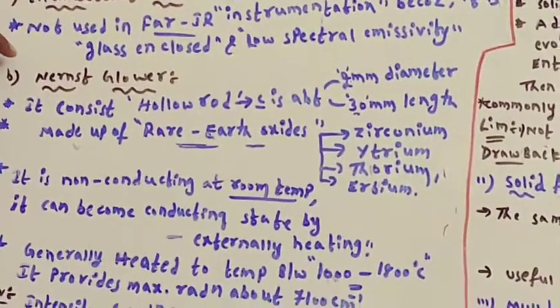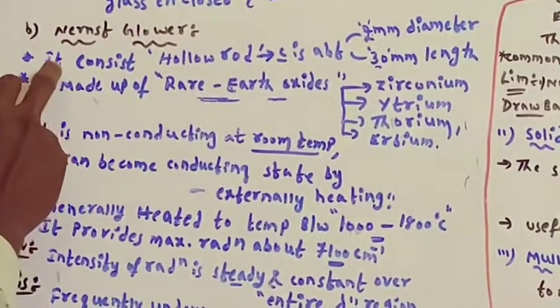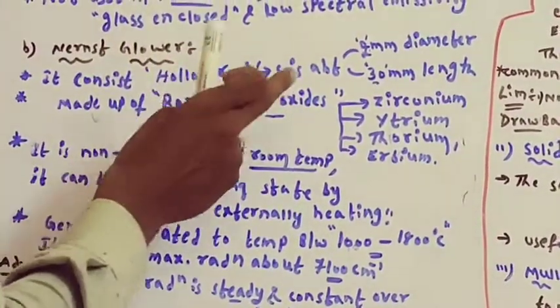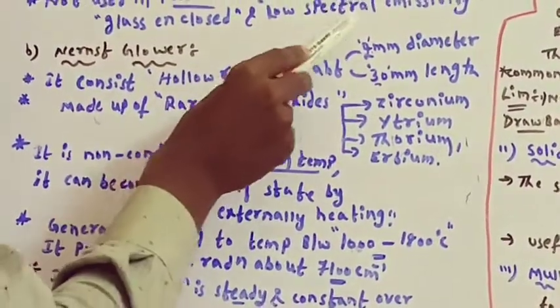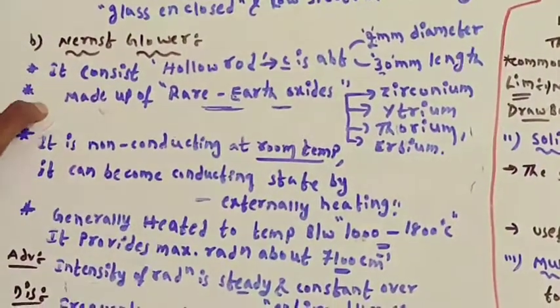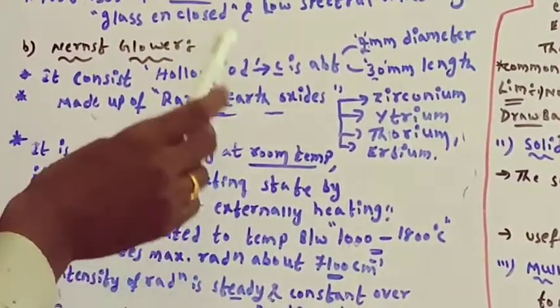Next one, Nernst glower. It consists of a hollow rod, about 2 mm diameter and 30 mm length. This hollow rod is made up of rare earth oxides, very important.